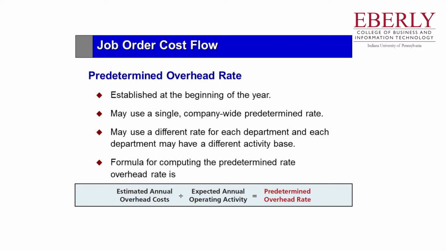And each department may have a different activity base. So you can classify those based upon the activity so that the overhead has some relationship to the activity in question. So once again, the formula is estimated annual overhead cost divided by the expected or estimated annual operating activity, and it gives you the predetermined overhead rate.